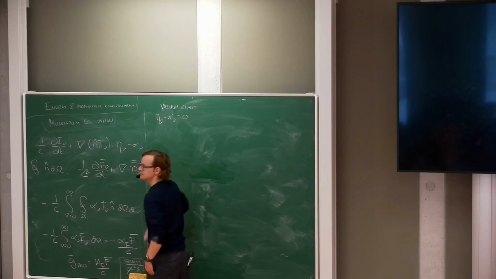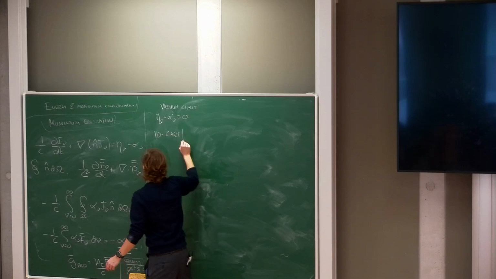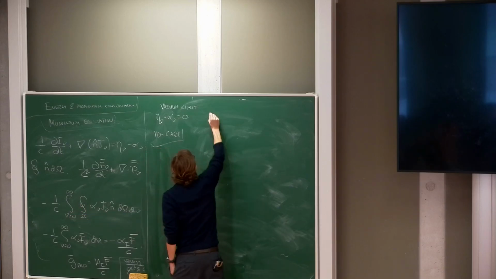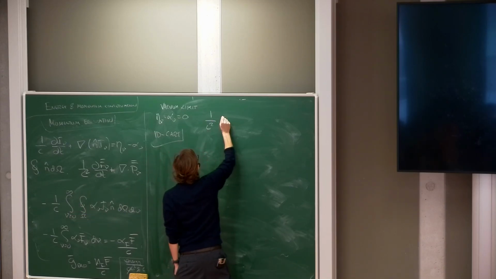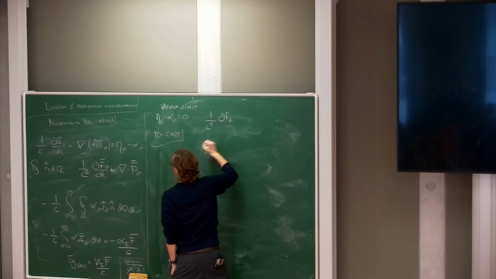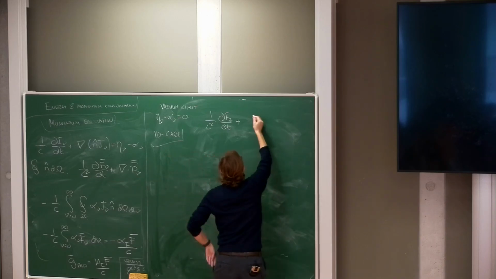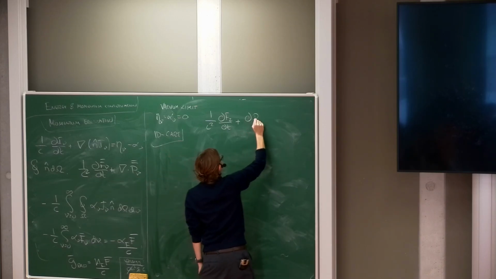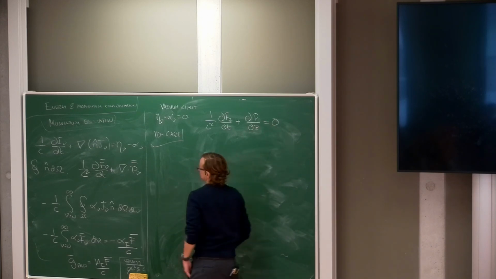So we can write them, and we're going to do it in 1D Cartesian because it's convenient. 1 over c squared dF_x/dt plus, and the divergence in the x direction just becomes dP/dx equals 0, okay?